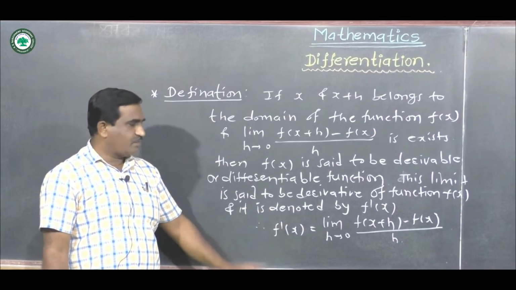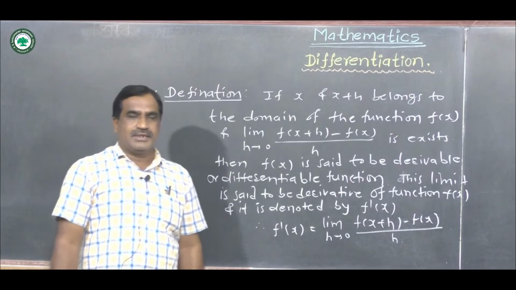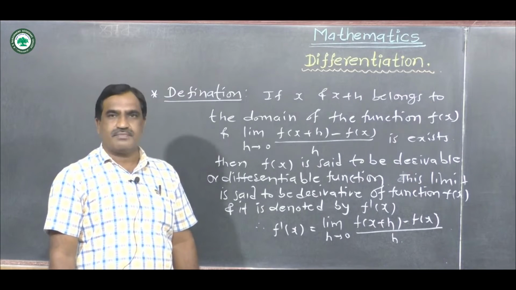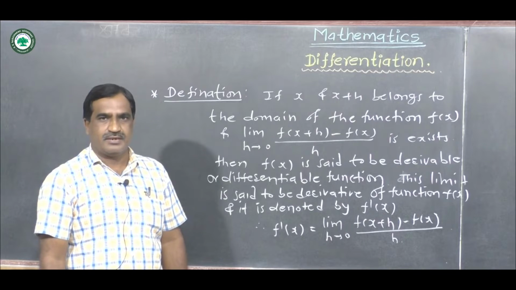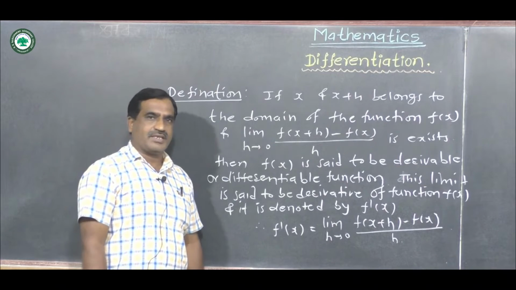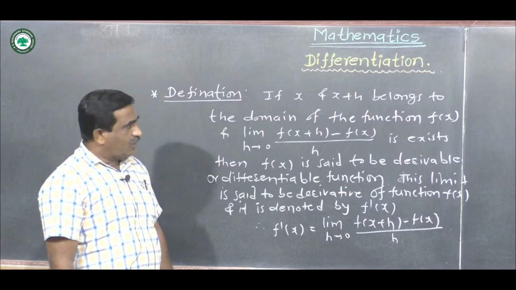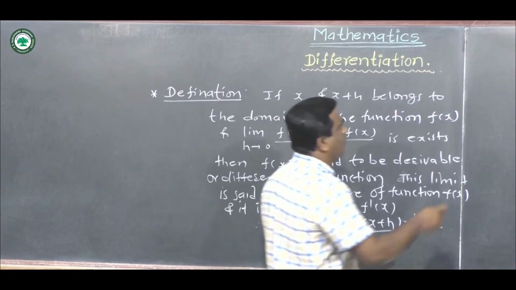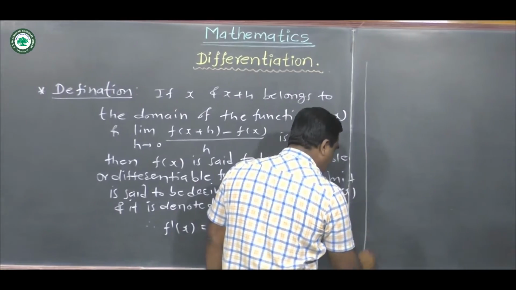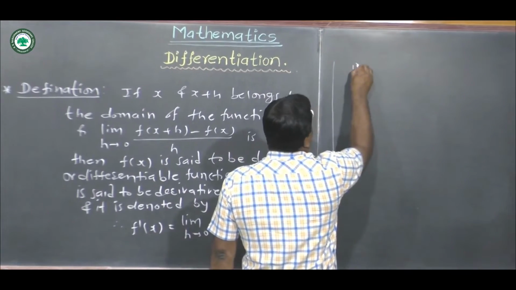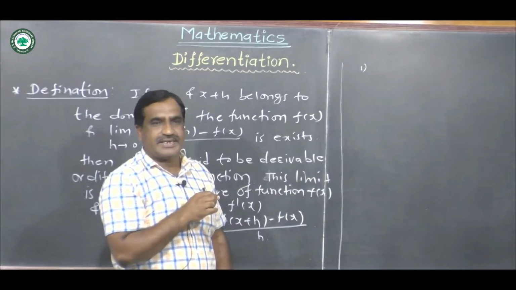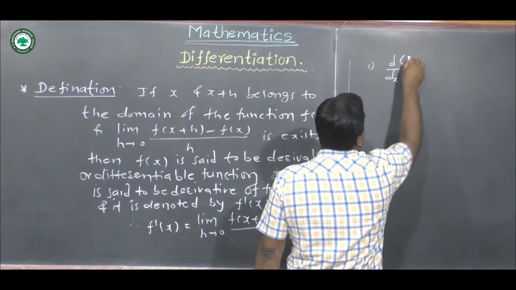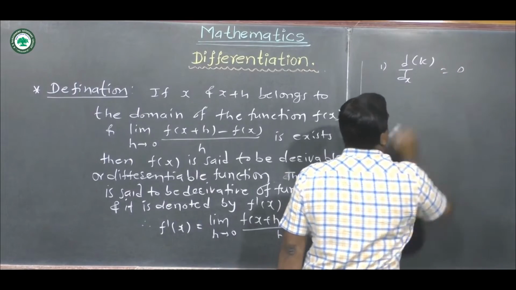By using this first principle formula, we can find the derivative of various functions like constant function, exponential function, power function, trigonometric functions, and so on. Now we see some standard formulae or derivatives of some standard functions. Number first, the constant function k: d by dx of k, the derivative of a constant function, is equal to 0.